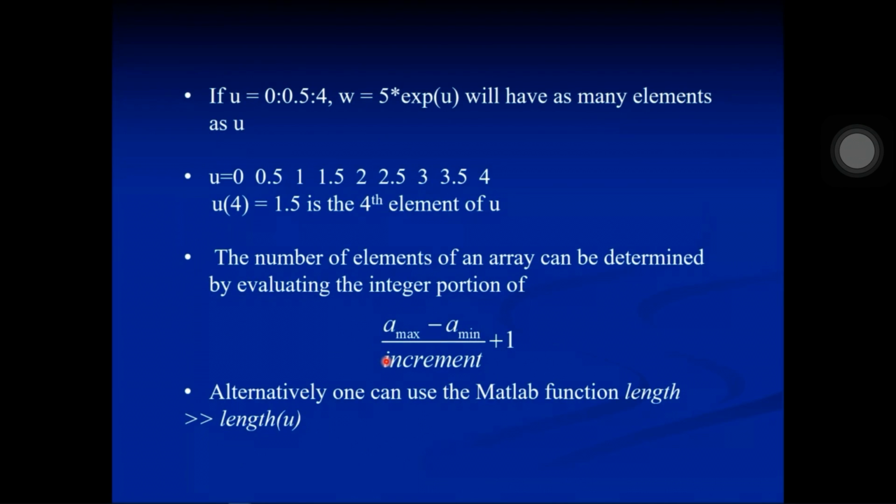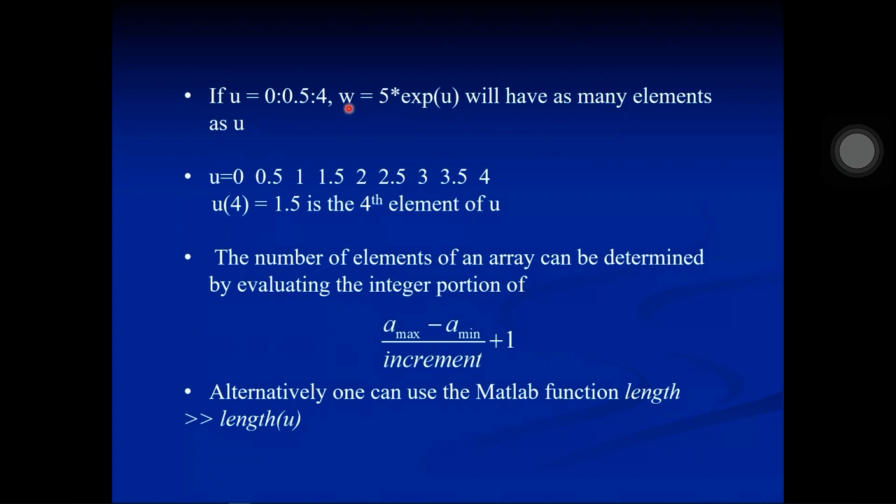So another consequence of dealing with arrays. For example, U is an array because we have seen it, 0.5, 1, 1.5, and so on. A bunch of numbers. Then we define a new variable which depends on U. U is an array.